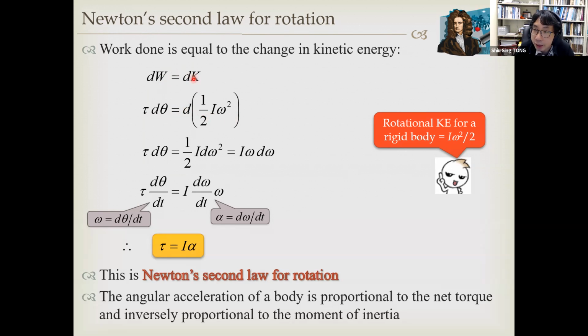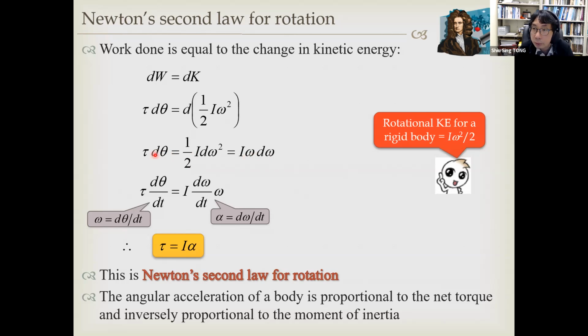So we differentiate K, meaning that we differentiate half I omega squared. The differential on omega squared gives me 2 omega d omega. The 2 cancels with the 1/2. So I got I omega d omega here.